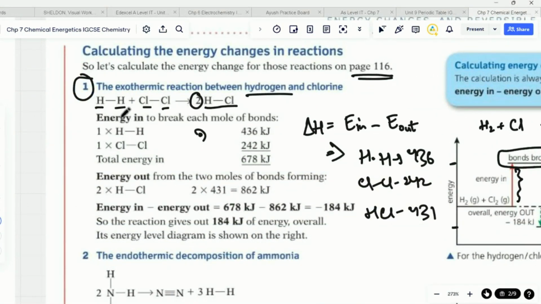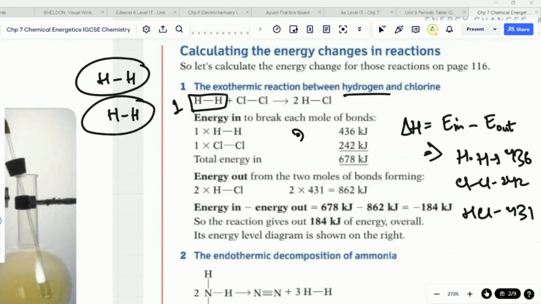How many hydrogen bonds do we have in the equation? Can you all tell me quickly? Here. So we have only one bond over here that is of hydrogen. So see how I write it down?